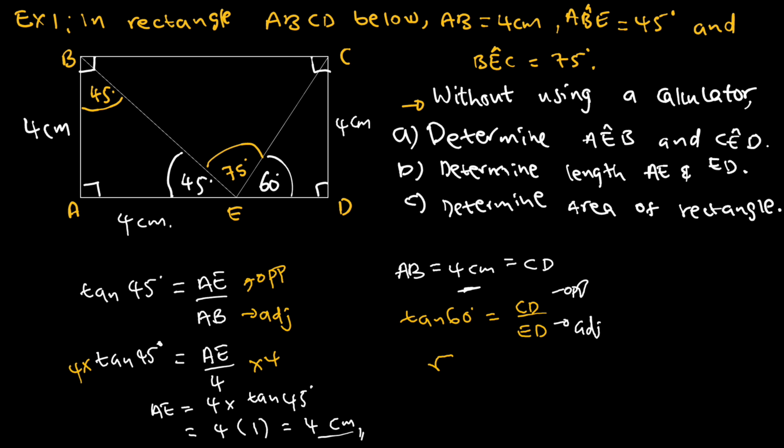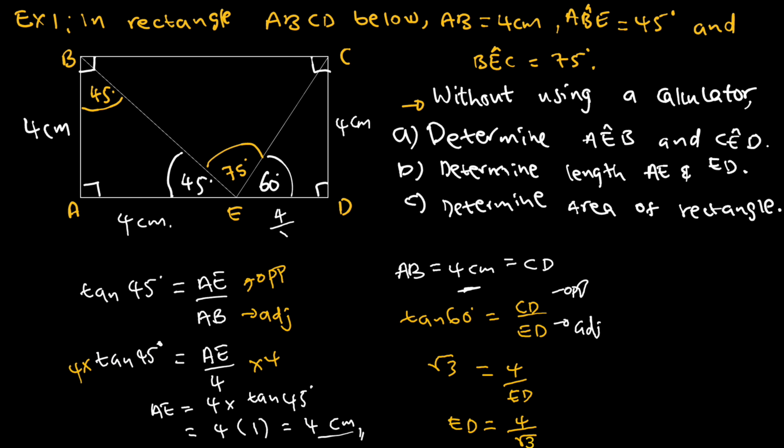Tan 60 is square root of 3, and CD is 4, and ED we don't know. If you multiply both sides by ED, this side will have ED and this side will have 4 over root 3. So 4 over root 3 will be my answer here for ED.